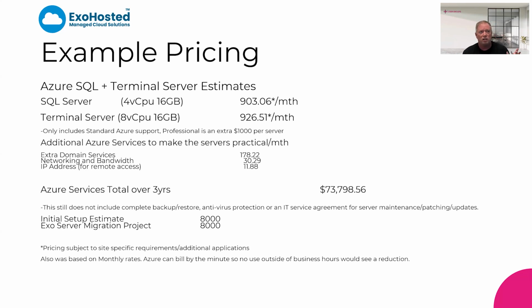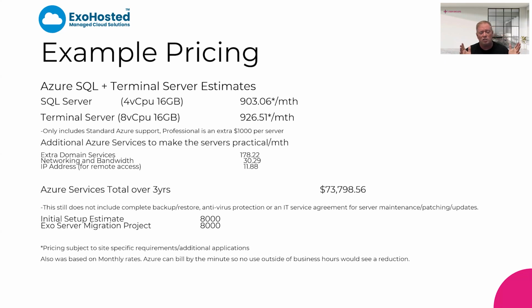And you would still have to then migrate your Exo database off into Azure. That's the pricing comparison with the pricing of moving your Exo into an Azure-based environment. The one other thing I will mention about that price, to be fair, is it is based on a monthly rate for those servers.